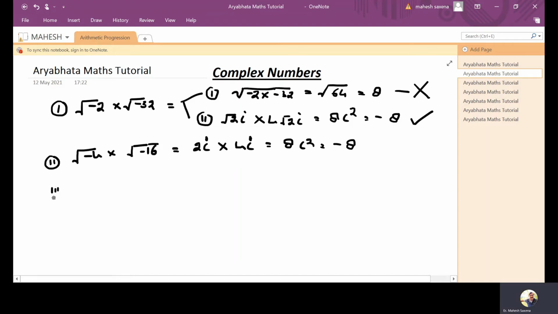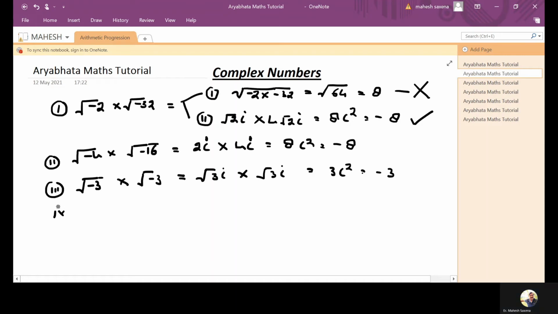Similarly, in the third example, suppose it is under root minus 3 into under root minus 3. This can be written as root 3 i into root 3 i, that is 3 i square, and that is minus 3. Fourth example, suppose it is under root minus 5 into under root minus 25.